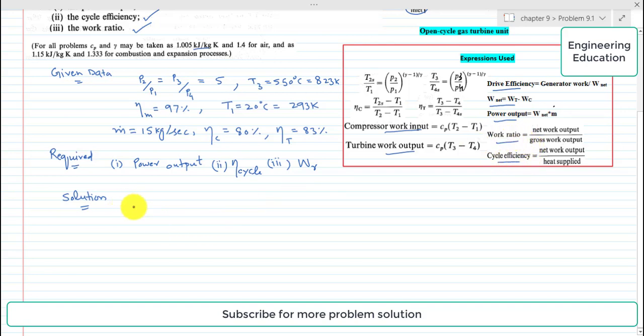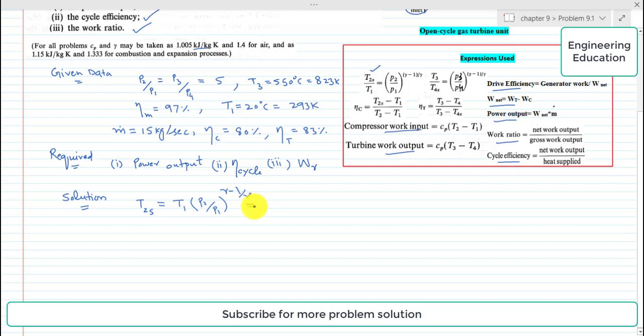First we will find temperature T2S, this is unknown. Remaining P2, P1 and T1, also gamma, are known. So using this expression directly, I am writing it for T2S. T2S is equal to T1 into P2 by P1 power gamma minus 1 by gamma.